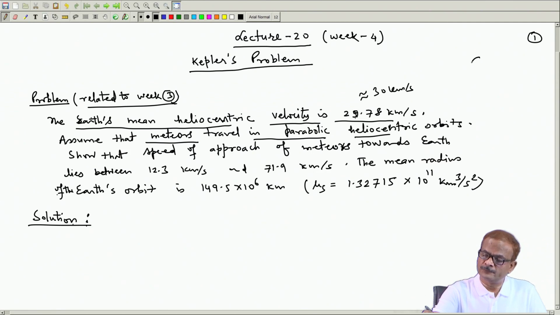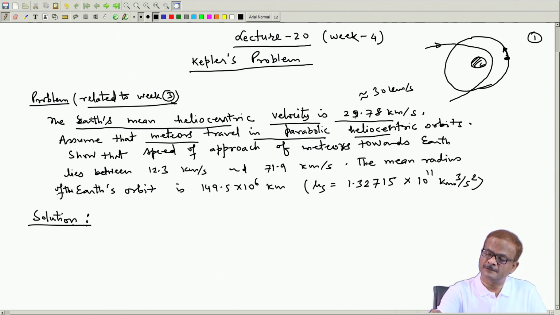Heliocentric means moving about the sun. So, this is the sun and around that Earth is moving. This is your Earth, going in this orbit. Your meteor is coming from somewhere else and going in a parabolic orbit. So, this is your parabolic orbit.